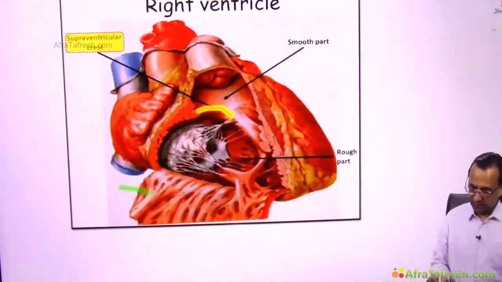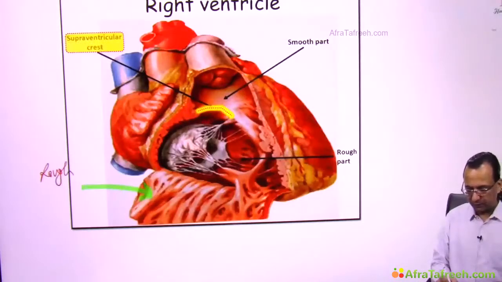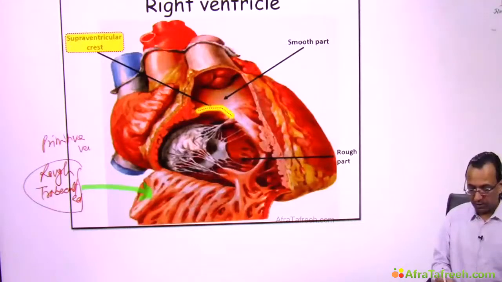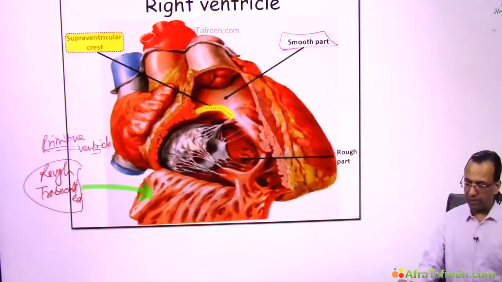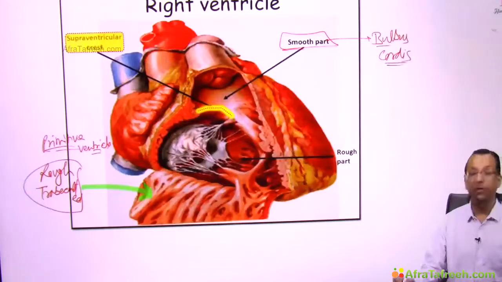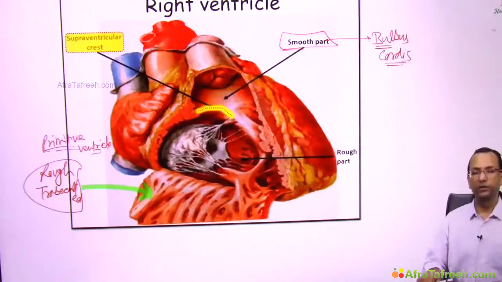If this is the rough and trabeculated portion, I think this would have come from the primitive ventricle, right, embryologically. Then who would have formed the smooth outflow tract? The smooth outflow tract would have been formed by the bulbus cordis, and between the two, you have this supraventricular crest. The blood will enter the ventricle and then it will exit through the pulmonary trunk.